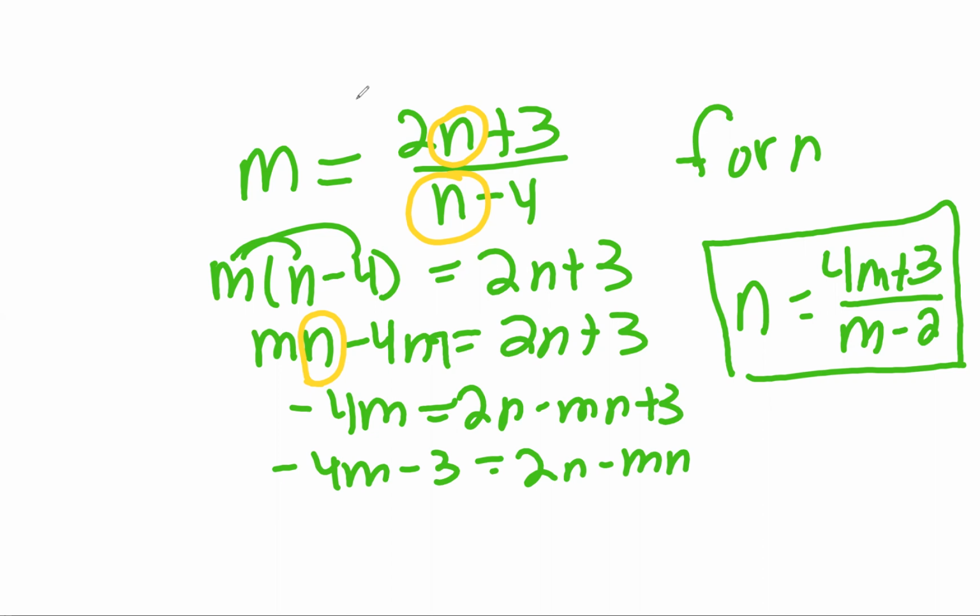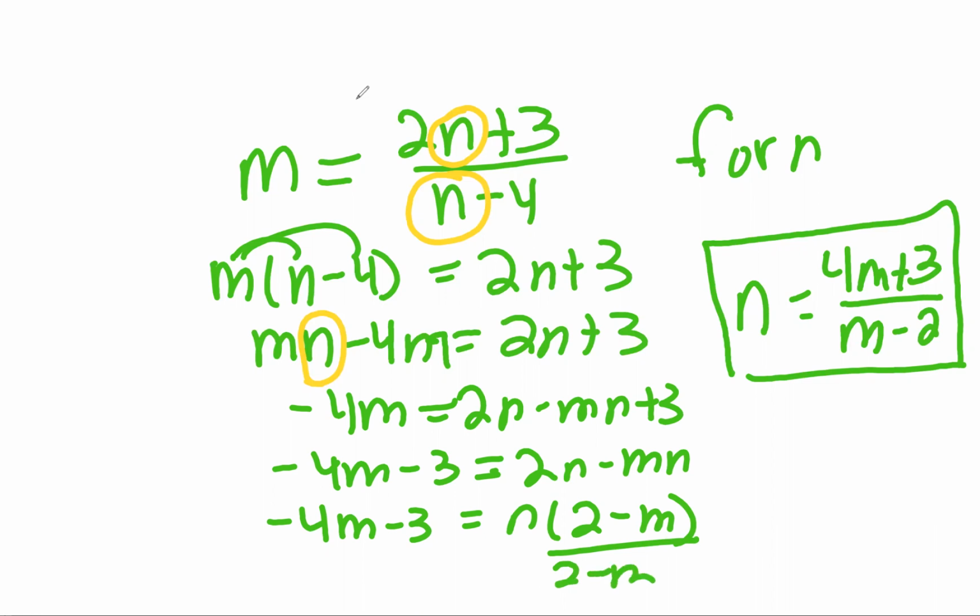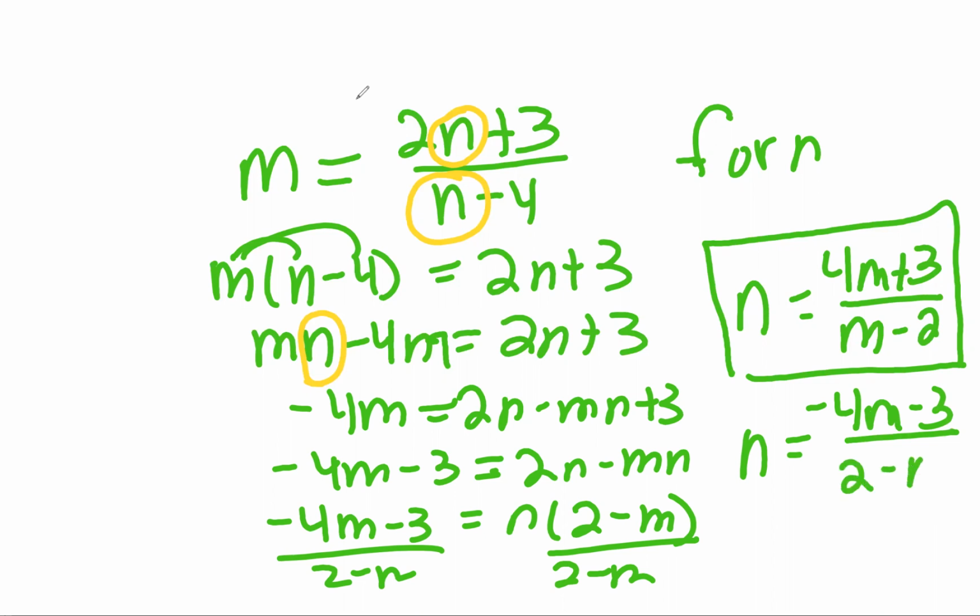And then factoring out the n. And then dividing by 2 minus m. And I would have n equals negative 4m minus 3 over 2 minus m. And that could be a way that you guys choose to do that.